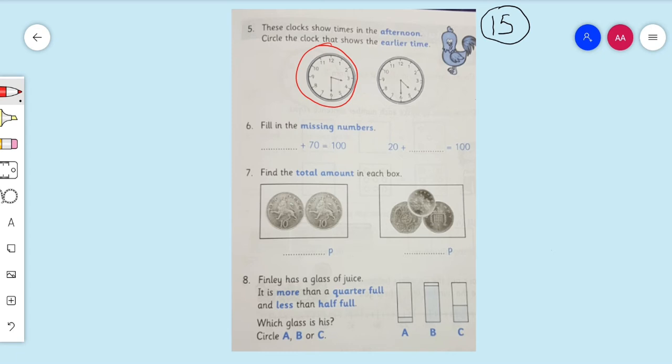It can be A. So let's write it again. A plus 70 equals 100. So because A is not the answer right now, we'll rub it out here.